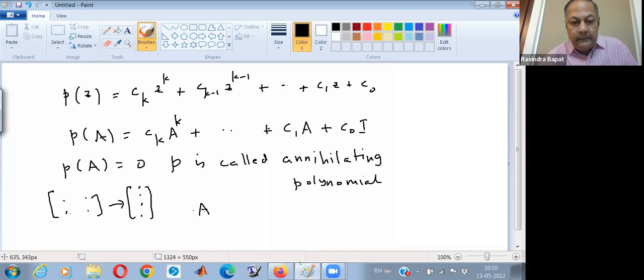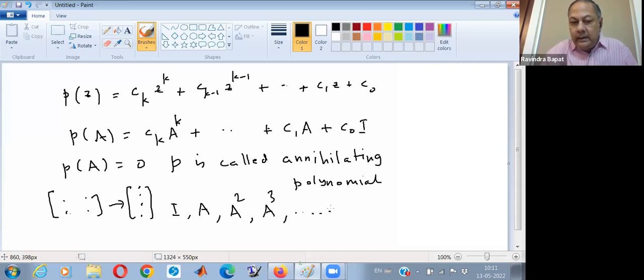And if you look at A squared, A cube, and so on, and also identity, that is something like A to the power 0, then you get a sequence of matrices, and because they are essentially vectors of size n squared, they cannot all be linearly independent.